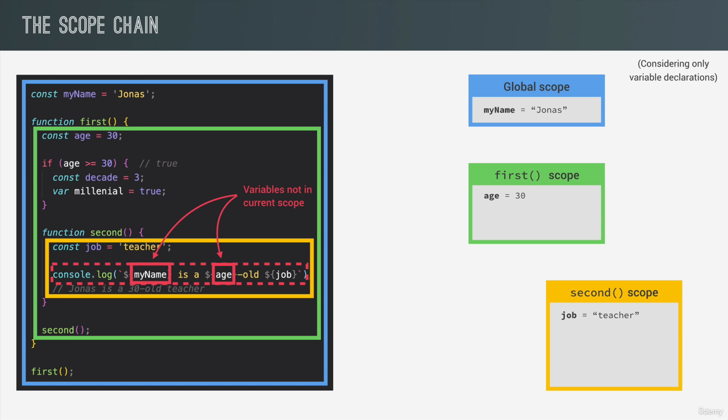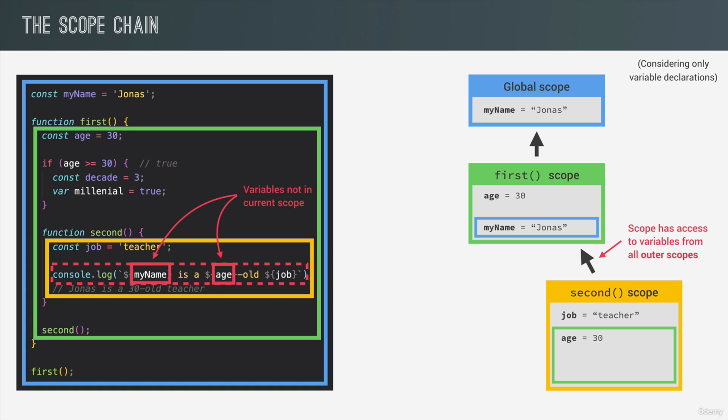Well, the secret is that every scope always has access to all the variables from all its outer scopes, so from all its parent scopes. In our example, this means that the second scope can access the age variable from the scope of the first function. Of course, this also means that the first scope can access variables that are in the global scope, because that is the parent scope.